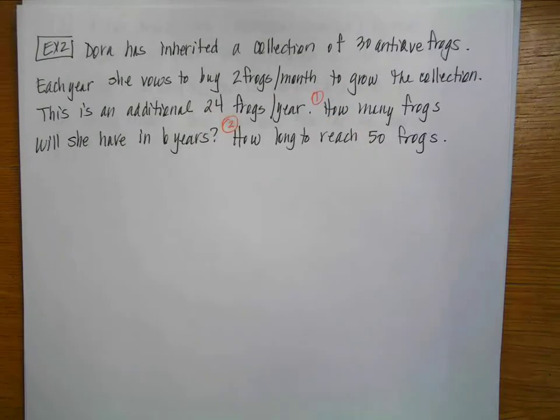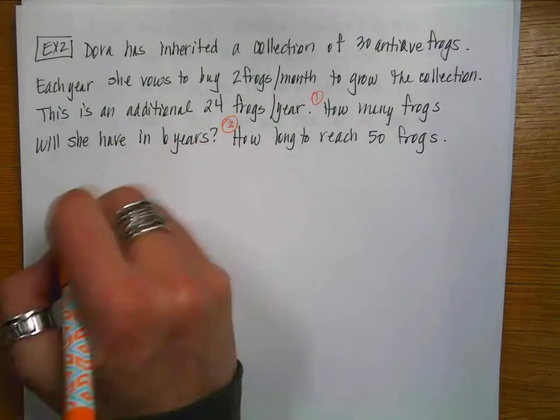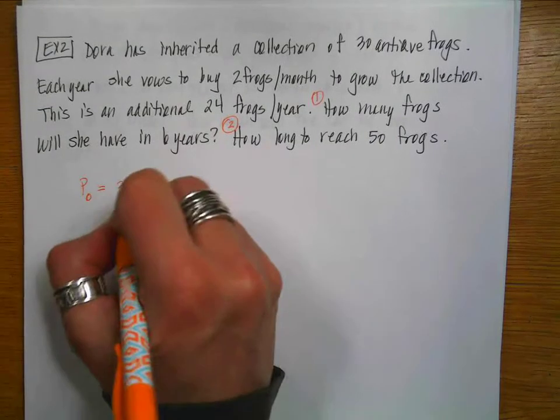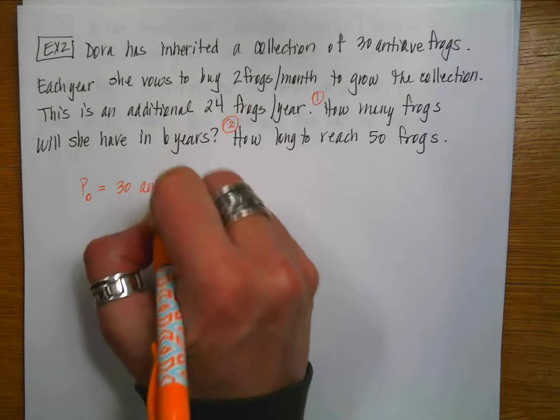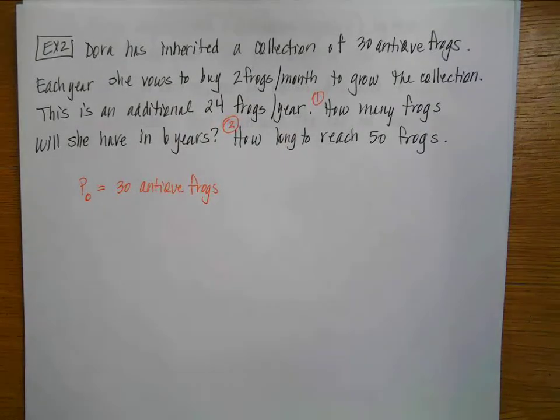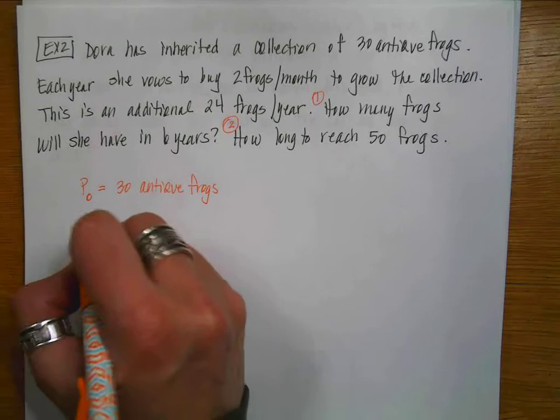So we have 2 tasks that we need to complete. So I'm going to write down what I know. Our initial population of frogs, which I think is kind of gross, is 30 antique froggies. Okay, but we all like to collect different things.